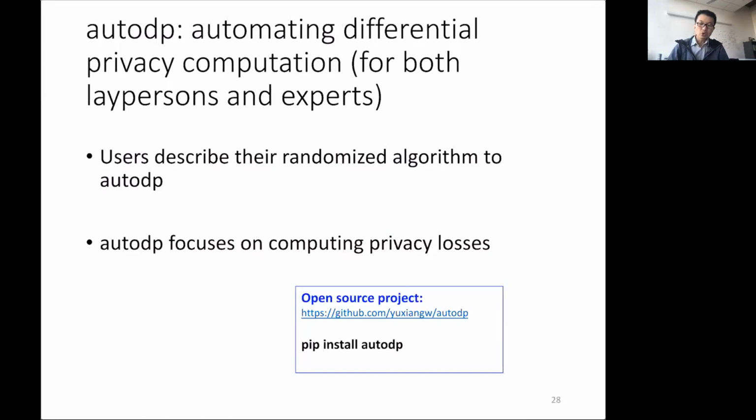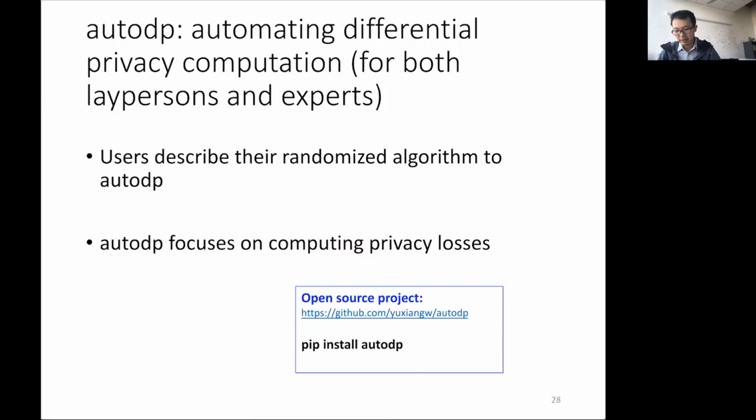So autodp is an open source package that aims at bridging the gap. The layperson user can just describe how their randomized algorithms work. They can say that this is a composition of k Gaussian mechanisms, and each one of them has the parameter sigma, sigma 1 to sigma k.